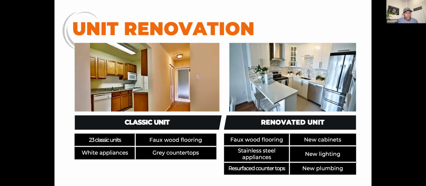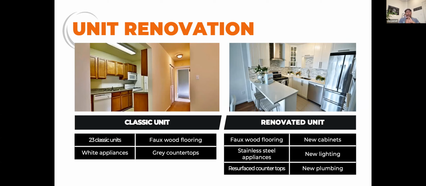So we have the unit renovation. As I said, right now we have 23 classic units. We're going to do something with these outdated cabinets; sometimes you can actually save those. In this case, we did replace the cabinets and put white shakers on.